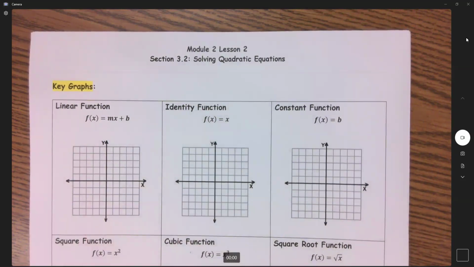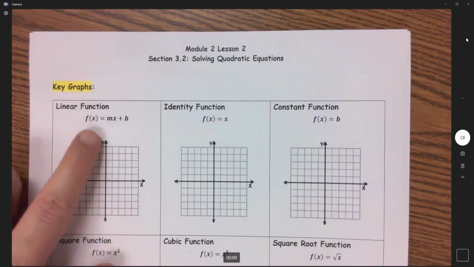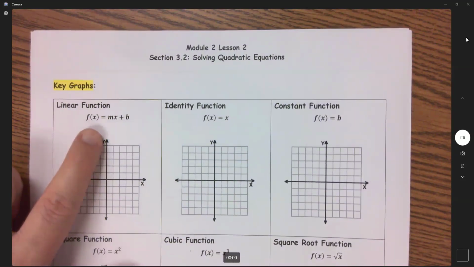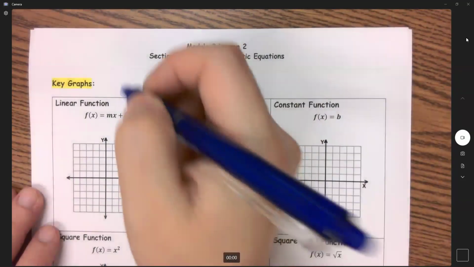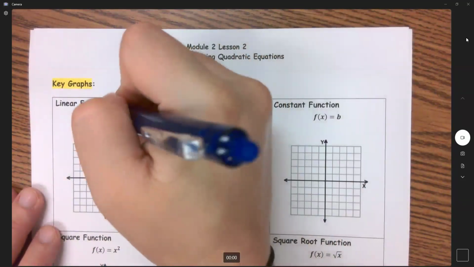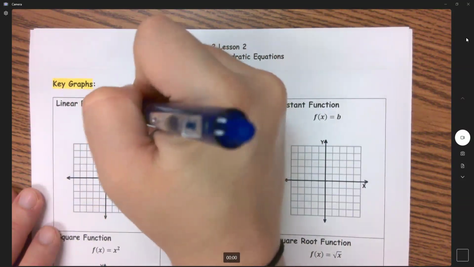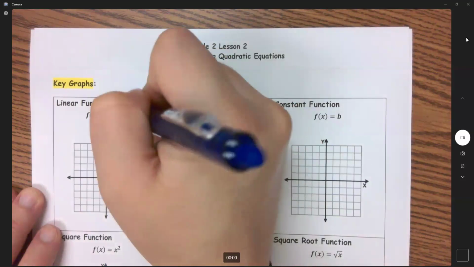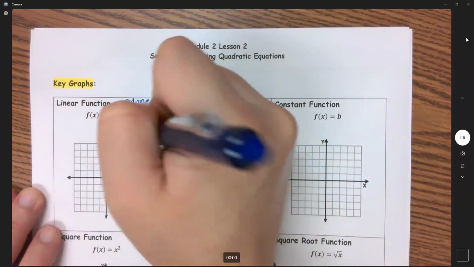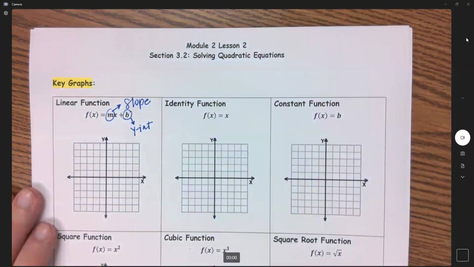So to review a little bit of a linear function, when this is in slope-intercept form, you have y or f of x equals mx plus b. This m right here tells you the slope of your line, and this b portion here tells you your y-intercept.